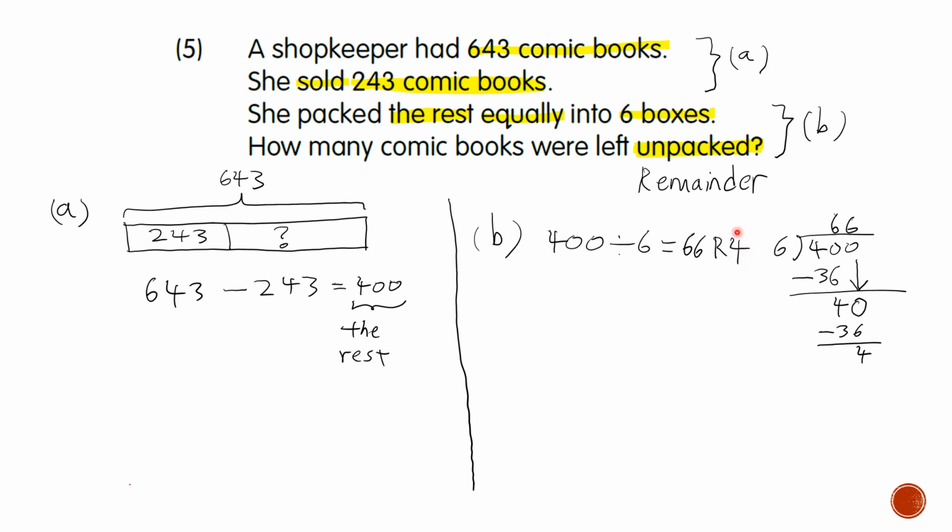This is what was unpacked, because she wants every box to have an equal number, so she cannot put these 4 books into another box. It won't be equal. So the remainder or the leftover is 4. Let me rewrite that. The unpacked comic books: 4 books.